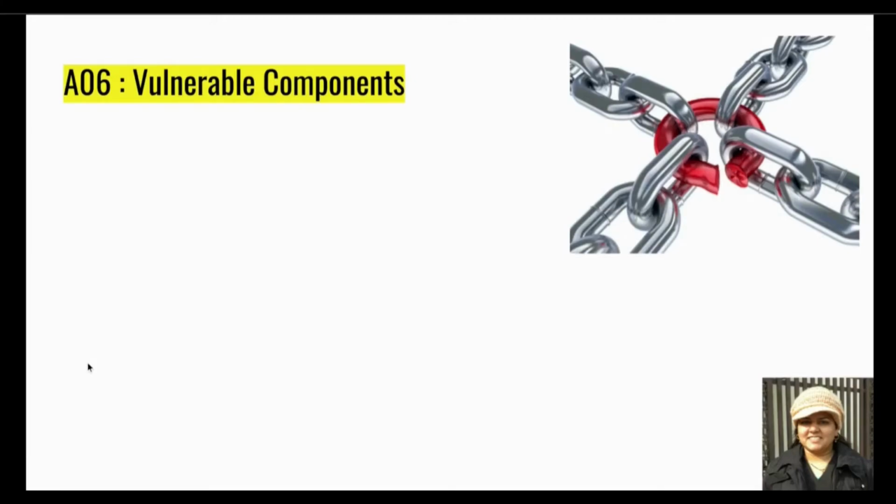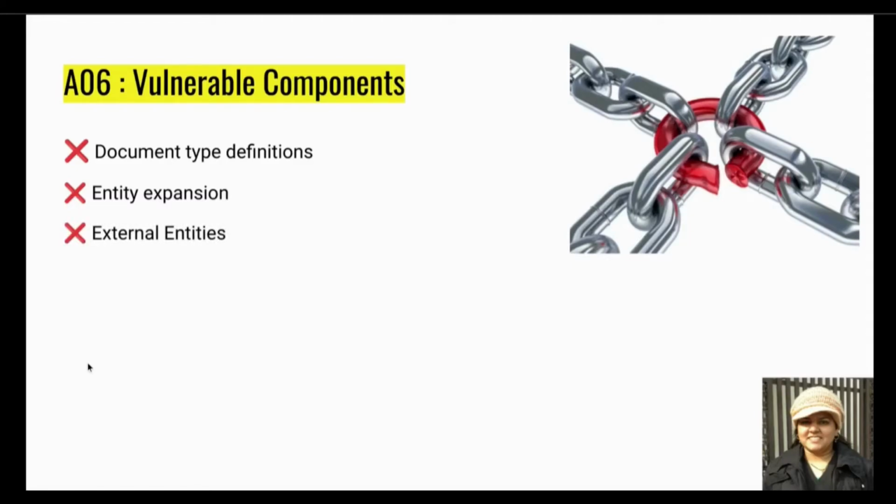Vulnerable components. Using vulnerable components is something that gets overlooked a lot during web application development. Django version 2.2 onwards does not allow any kind of document type definition, entity expansion, or fetching of external entities.